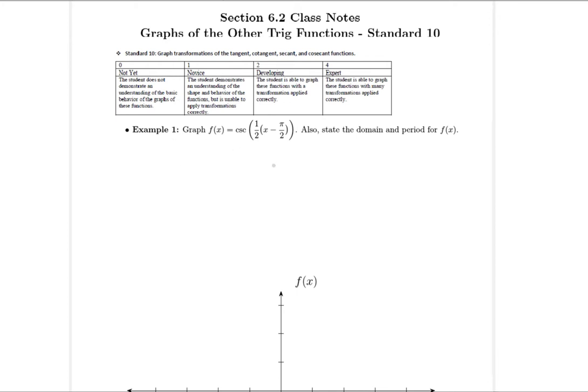So we see this pi over 2 here, and it's in parentheses, right? So I know that that is the true shift. So we have a shift to the right pi over 2. And then this 1/2, that's our b, right?